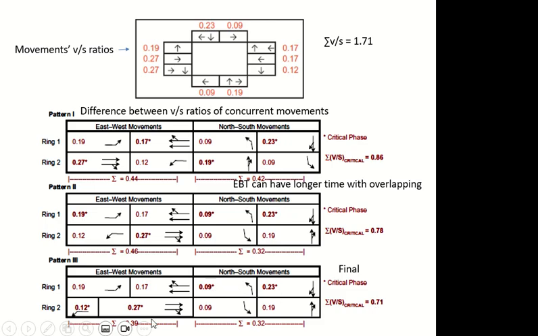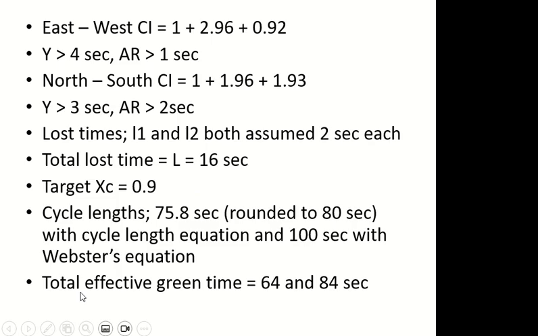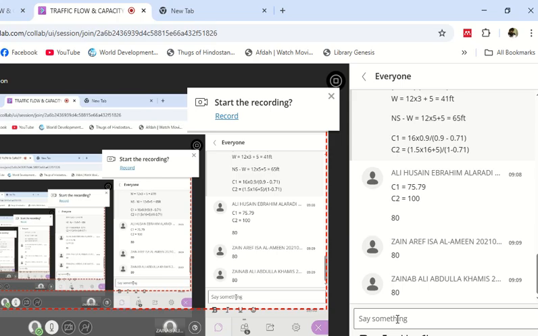For example, I want to allocate the effective green time for this movement. This movement has a V by S ratio of 0.19. Total effective green time 64 or 84, any one of them, 64 let's say. So it will be 64 multiplied by the V by S ratio of this movement divided by the total V by S ratio.